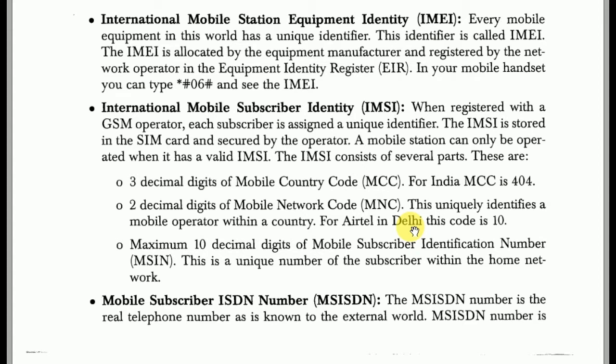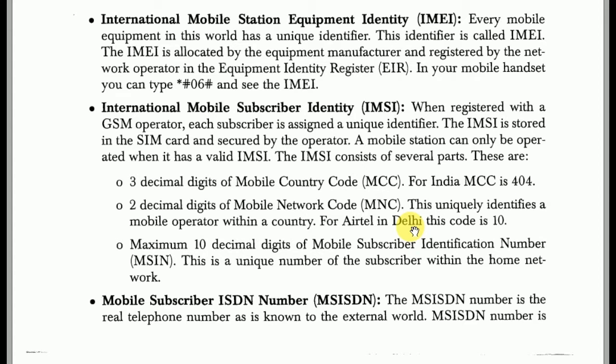These are three decimal digits of mobile country code, that is MCC. For example, in India, MCC is 404. Then two decimal digits of mobile network code, MNC. This uniquely identifies a mobile operator within a country.